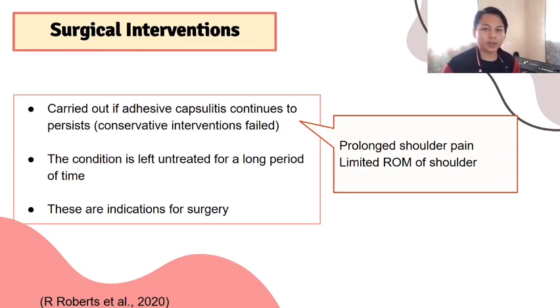They do not care about the symptoms of adhesive capsulitis, so they let it go untreated for a long period of time. This causes the frozen shoulder, the adhesive capsulitis, to gradually worsen from time to time, which requires doctors to perform surgical interventions to treat the condition.